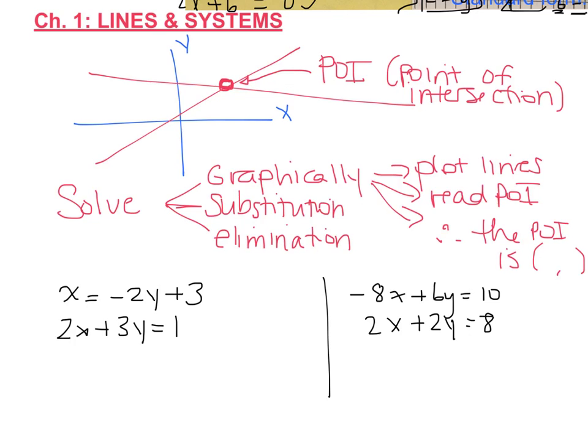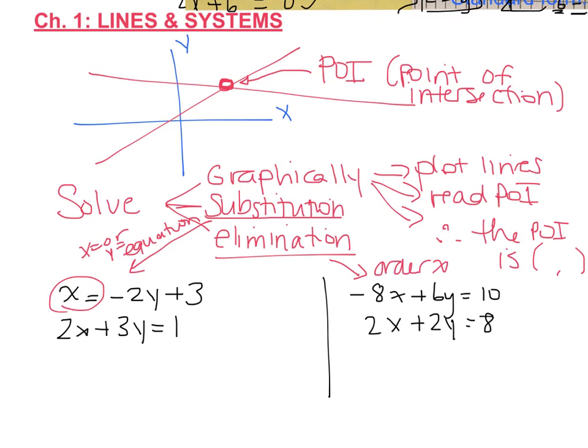There doesn't have to be two of them, just one is enough. So in this case, x equals and the rest of the equation, that tells you right away, okay, I'm going to use substitution for that question. You're going to choose to use elimination when both of them are in the same order. They're in the order x's plus y's equals the numbers. That tells you to use elimination.